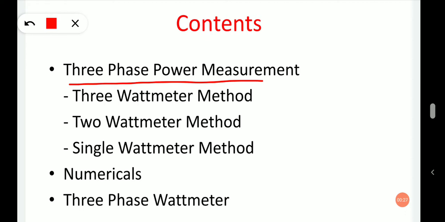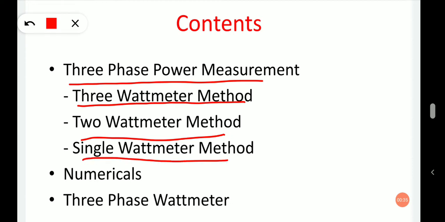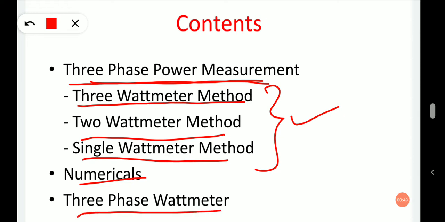In three-phase power measurement, we will discuss about 3 wattmeter method, 2 wattmeter method and single wattmeter method. So these are some methods for three-phase power measurement. Then we will see some numericals based on these methods, and then we will see about three-phase wattmeter.